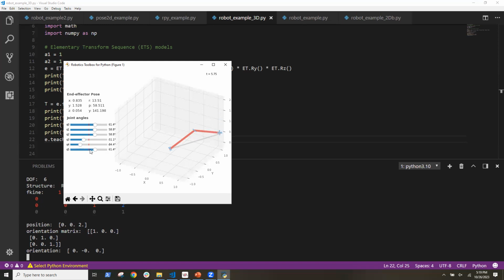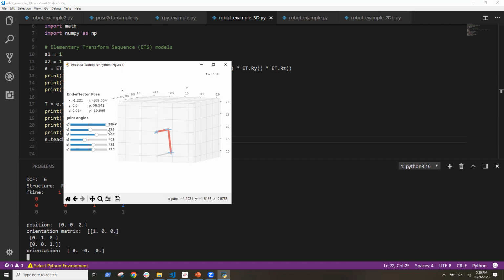But you have a roll, pitch and yaw at the end effector. And here we go. It looks better this way. Just swing it around the corner and go up or something. So this is looking more like the URs or something like that. So you can be as creative as you want to. And given these joint angles, this is going to be my XYZ position here.